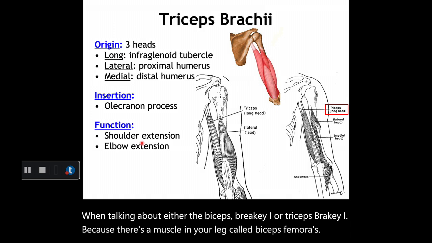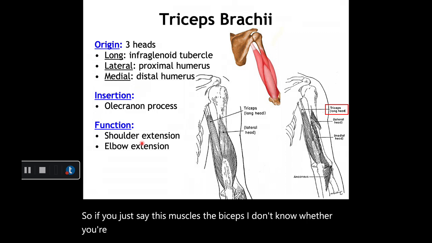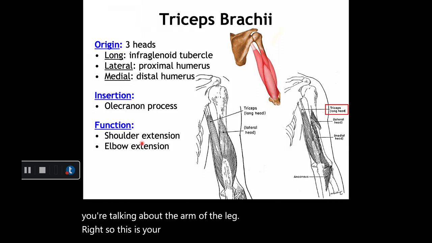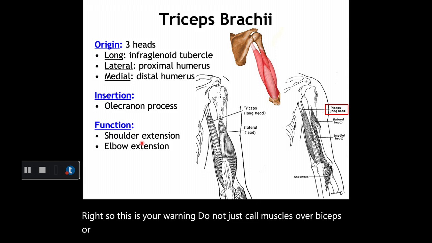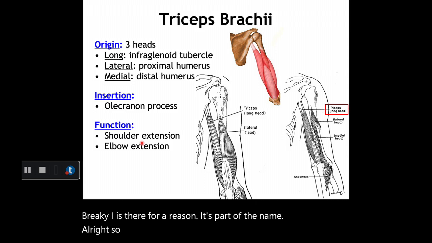So if you just say, oh, this muscle's the biceps, I don't know whether you're talking about the arm or the leg. So this is your warning. Do not just call muscles the biceps or the triceps. Brachii is there for a reason. It's part of the name. So please, if you just put biceps or triceps anywhere, it's going to be wrong.